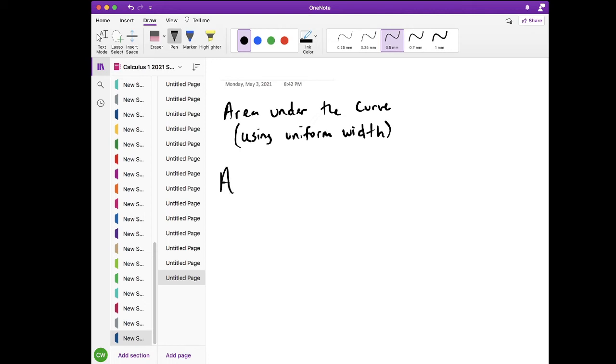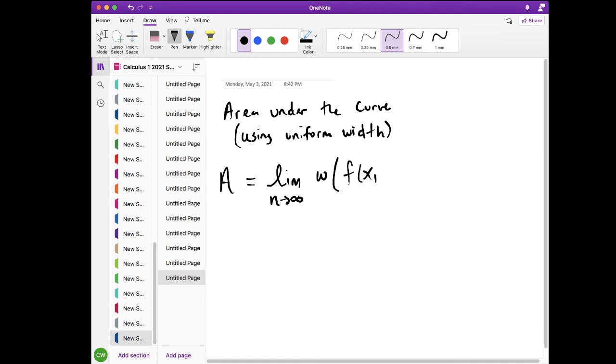So the area underneath the curve is the limit as n goes to infinity of w, and then I'll use a different symbol, times f of x1 star, so this is that sample point thing, plus f of x2 star, and so on.